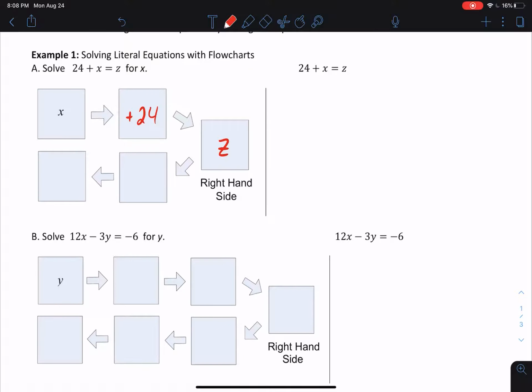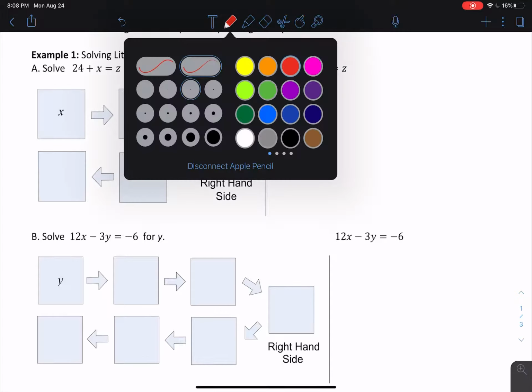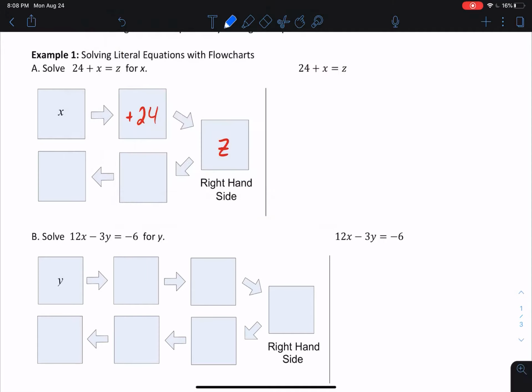Well, we want to get x by itself now. So in order to get x by itself, we are going to undo what's happening to x. So I'm going to subtract 24, and what I'm left with is that x will equal z minus 24. Okay, or I could have that flipped around and say -24 plus z. So x doesn't equal a number.